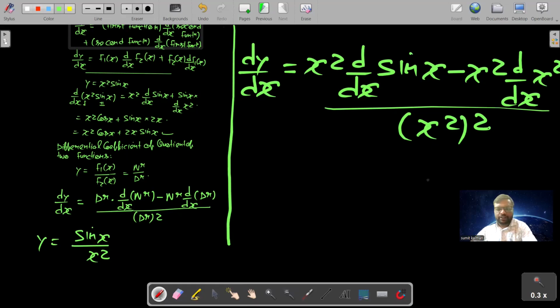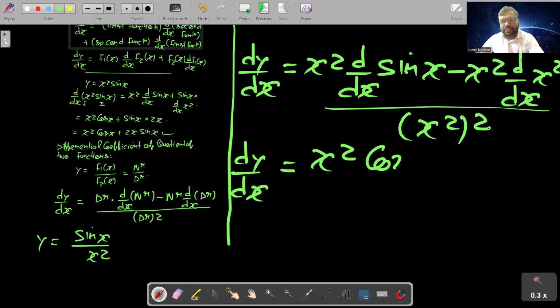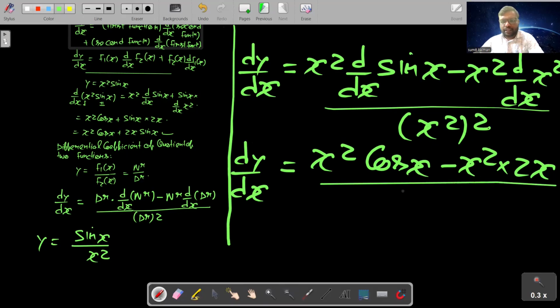Now students, here dy upon dx will become x square into d by dx of sin x, which is cos x, minus sin x into d by dx of x square, we have solved this earlier, so it is 2x, upon x to the power 4. So this is the dy upon dx of sin x upon x square.